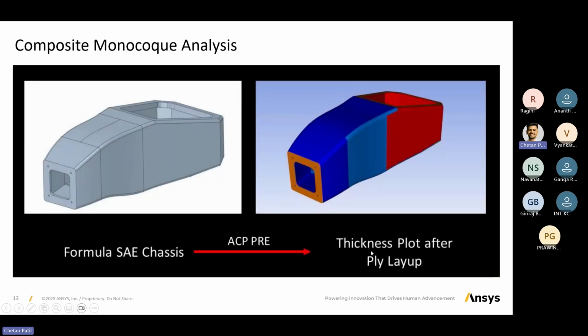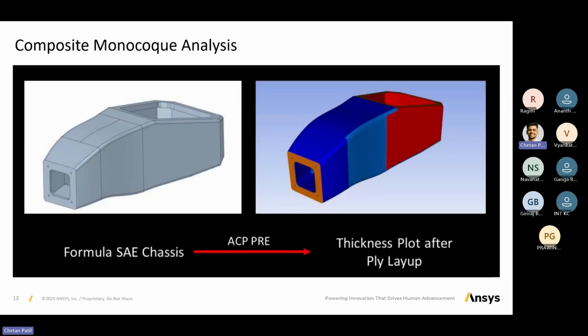We'll also plot a thickness after the ply layup. The model that we are going to use for the simulation will not have any particular thickness, because we already discussed that you can make use of either a solid model or a shell model. We are going to make use of a shell model over here. The thickness we provide to the geometry will be created entirely with respect to the ply layup definitions.